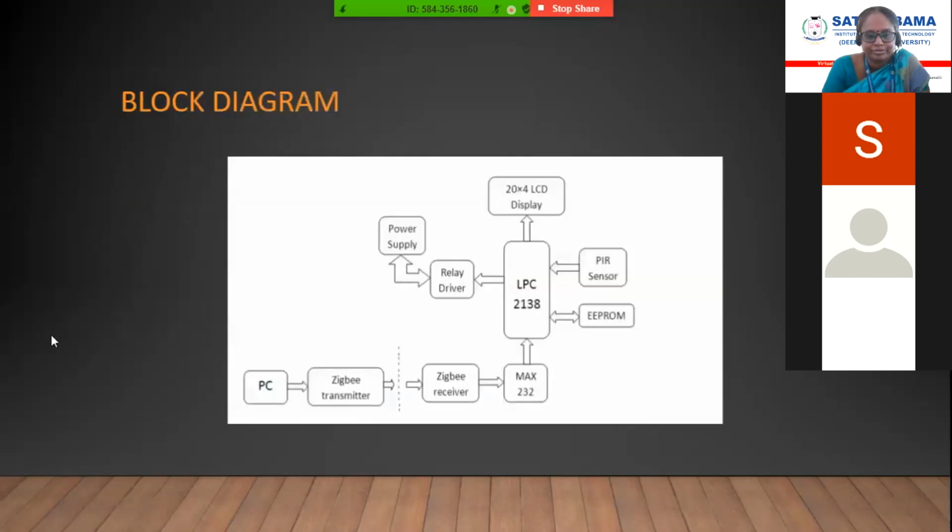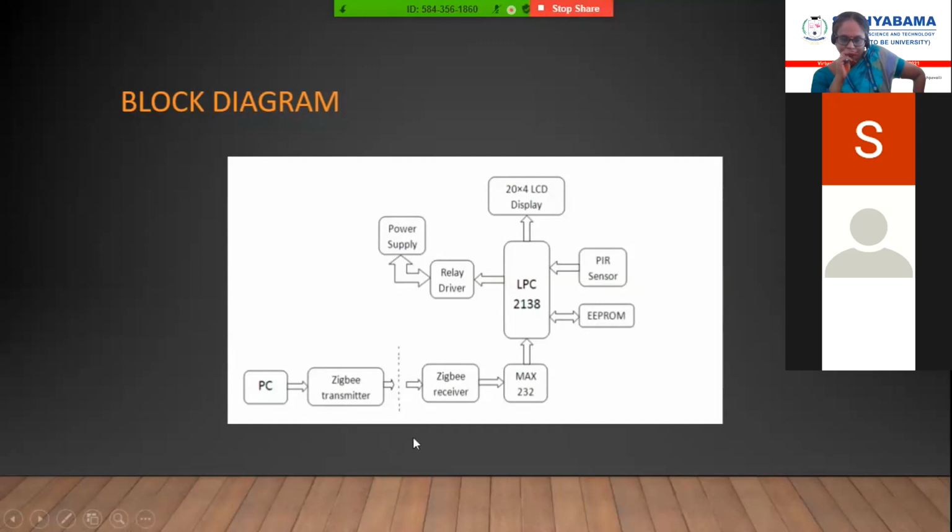Here is the block diagram. The LPC2138 controller first checks the Zigbee modem. If yes, it will receive the new messages to be displayed, or else it will go to the EEPROM, where the old images to be displayed are stored. If the Zigbee modem check is no, the LPC automatically goes to the PIR sensor, which detects human activity in the room.